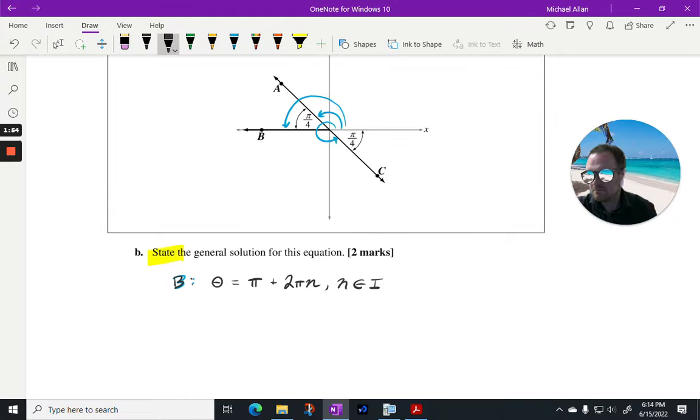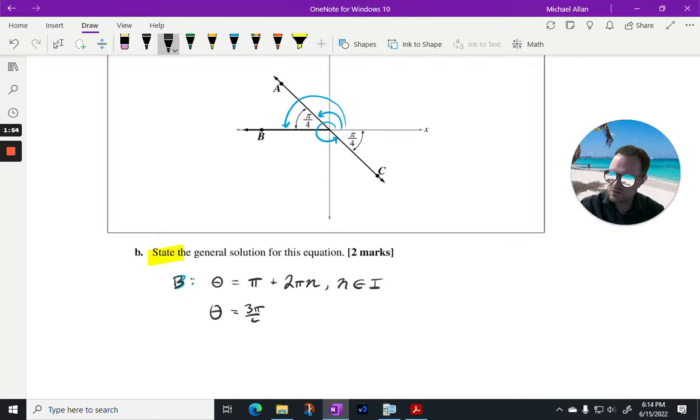So that's B. Now A and C can be connected together. You don't necessarily have to, you could just write them out separately. Like this one here is going to be 135 because it's 45 degrees. I think it's 3 pi over 4, right? Yep, 3 pi over 4.